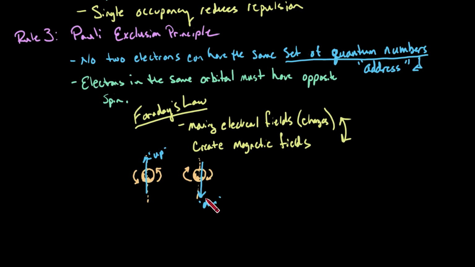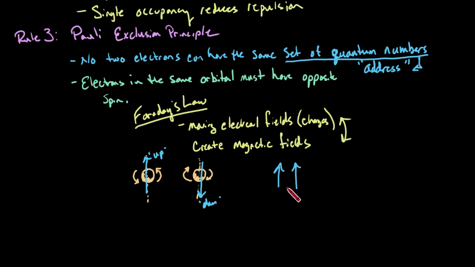Okay, so if you have two electrons that have the same spin, not only are they going to be electrically repellent, they'll repulse each other because they have the same electric charge, they will also repel each other because they are creating a magnetic field that is in the same direction, and that'll also push themselves apart.